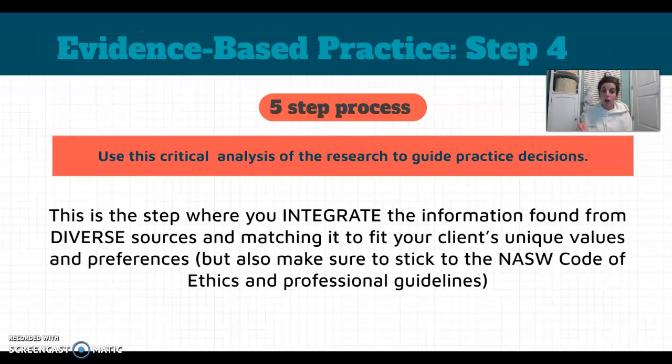So you want to be able to look at your client's needs and values preferences and make sure it matches. You also want to make sure that you stick to any sort of code of ethics or professional guidelines. So within AA, you have sponsors. And so that's proven, it's evidence-based to show that having a sponsor is really helpful for sobriety. And so since this client doesn't have a lot of supports in town, he doesn't know a lot of people, he's asked you as the social worker to be the sponsor.